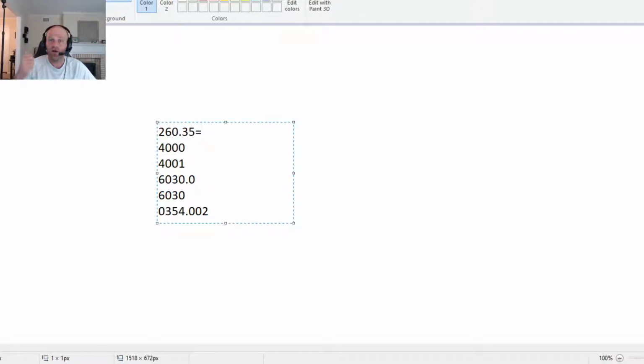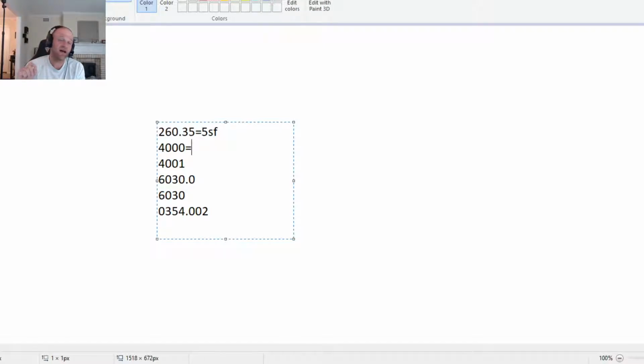So all the whole numbers are significant. So that's the 2, the 6, the 3, the 5. All zeros in between whole numbers or counting numbers, so that 0 is also significant. That would be 5 sig figs. Okay. Next up, 4,000. Zeros before the decimal are significant.